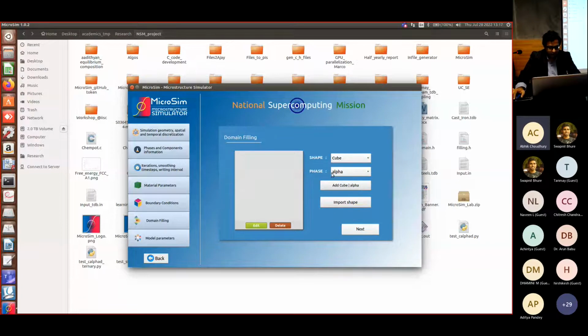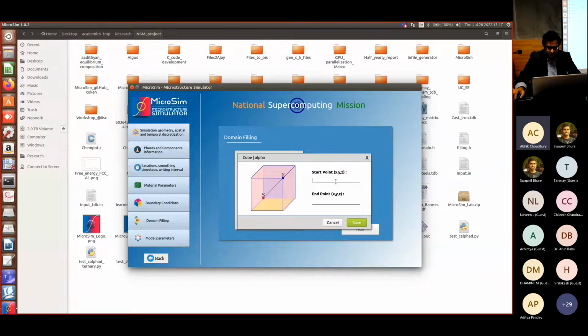Next. So now I'm going to import shape. Let's fill it up directly. So let's fill a cube, add cube. OK. So add cube has 2 points, start point and end point to start with. So I'm going to start with 0, 0, 0, right?